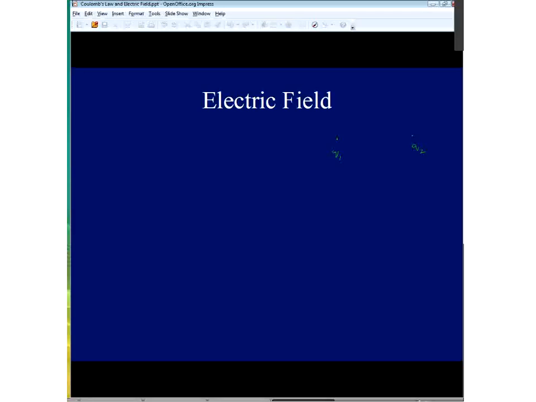Now, I just tried to give you a picture, so to say, of the concept of electric field. There is bound to be some mathematical definition of electric field. So what is the mathematical definition of electric field? Suppose we want electric field due to Q1.